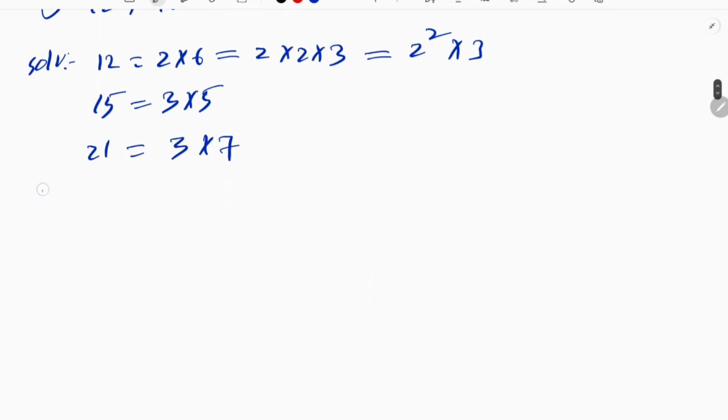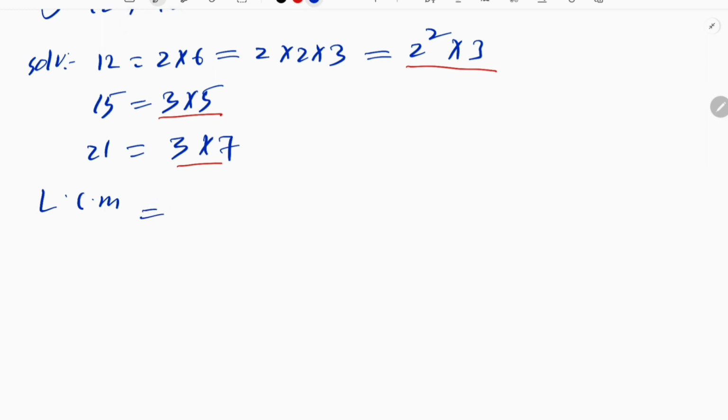So LCM: we know that the definition of the LCM is the product of the greatest power of each prime factor. So from these we take the greatest power of each prime factor.